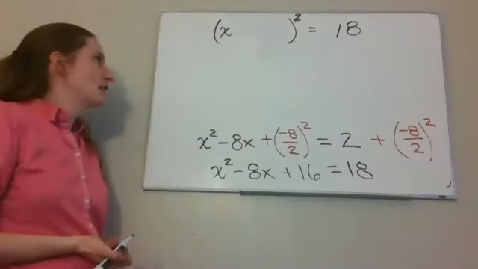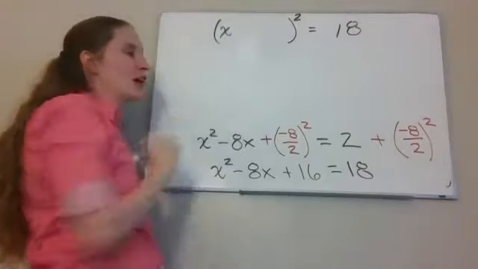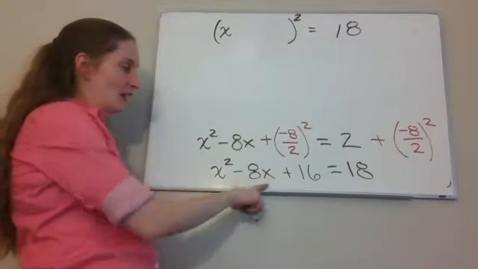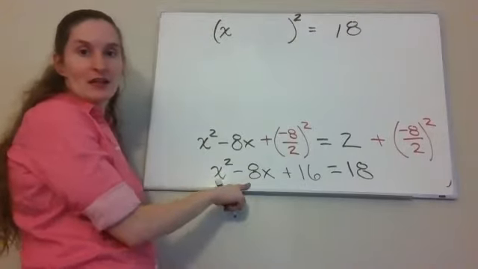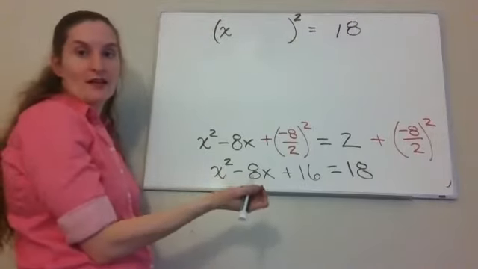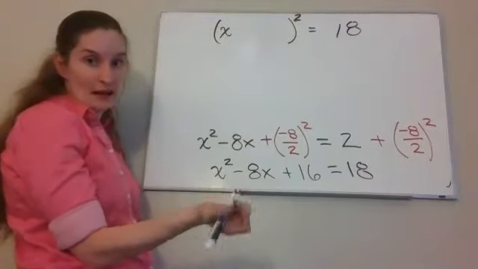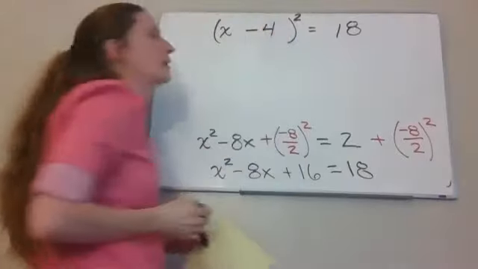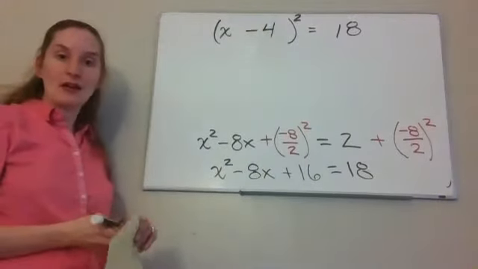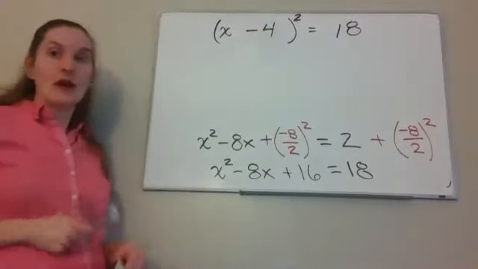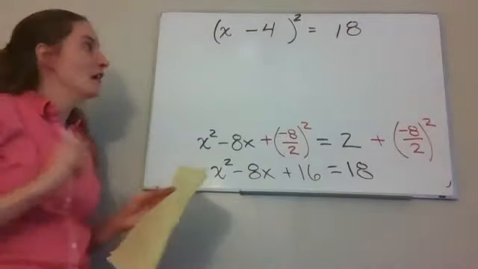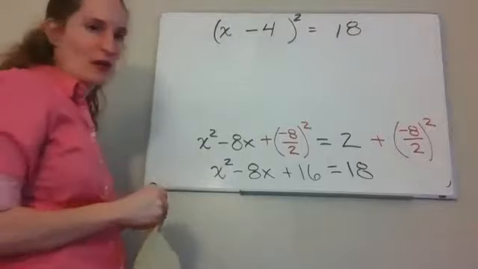I'm going to need whatever I'm adding or subtracting to my x to multiply to 16 and add to negative 8. Well, what's going to work there is a negative 4 and a negative 4. So that's x minus 4 in parentheses squared. If you don't believe me, go ahead and try to distribute that back out, and you should be right back where we are here. Now, here's a little shortcut for you.